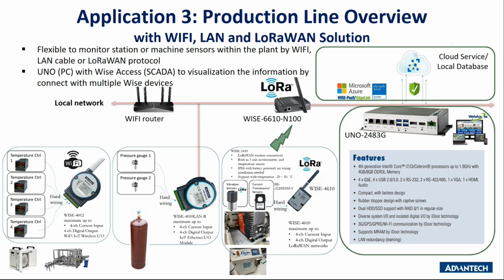You can connect it to this WISE module, and it can transmit all the way to this SCADA. One thing to take note of for this LoRa solution is that it is required to be bundled with a LoRa gateway. And this LoRa gateway, for this WISE4610, can connect up to 100 of these LoRa devices.